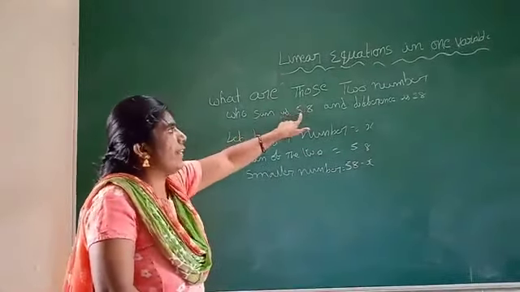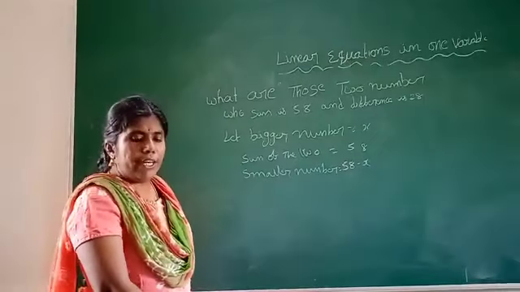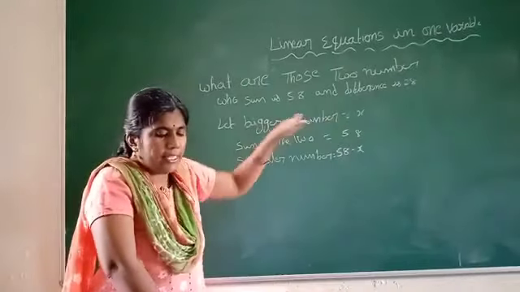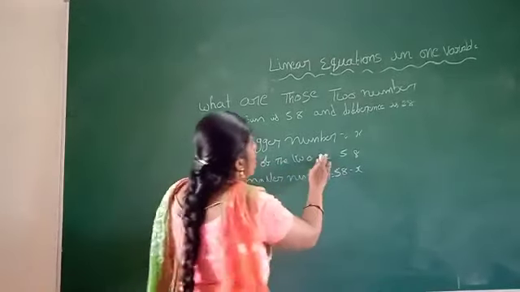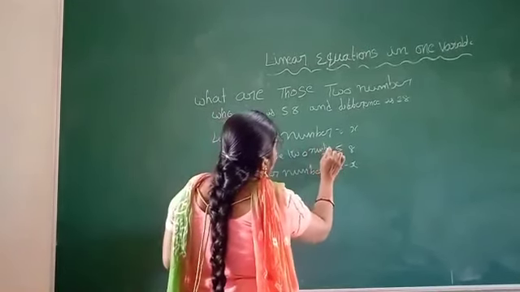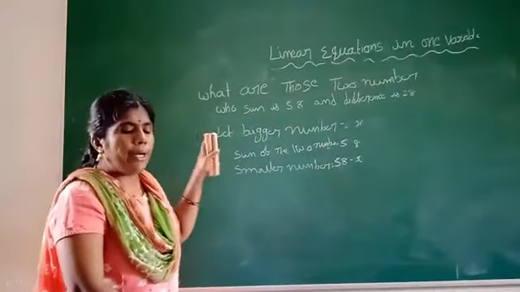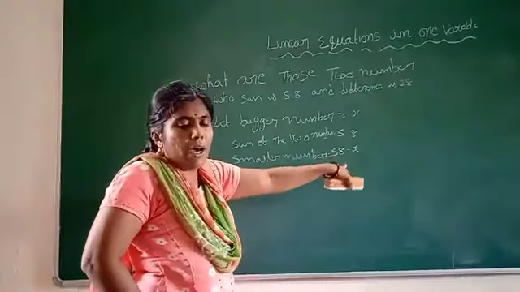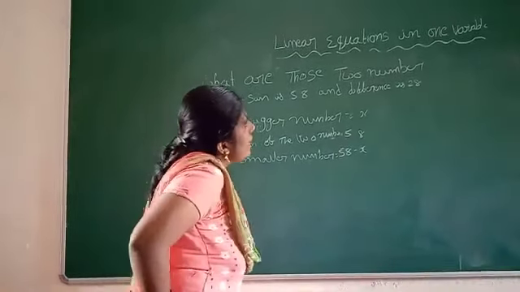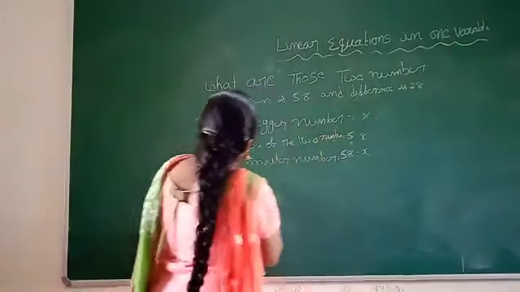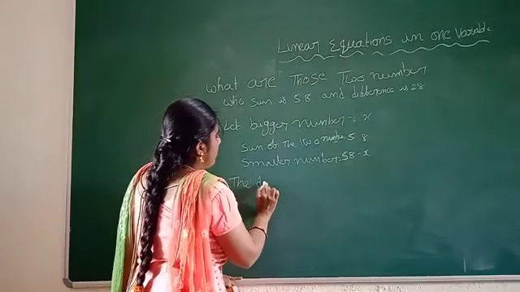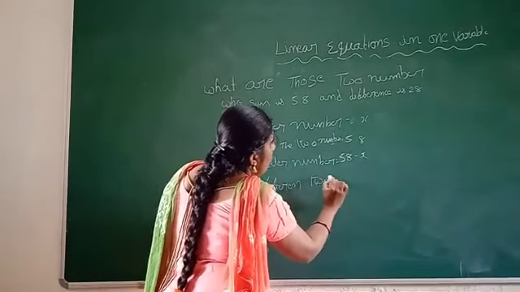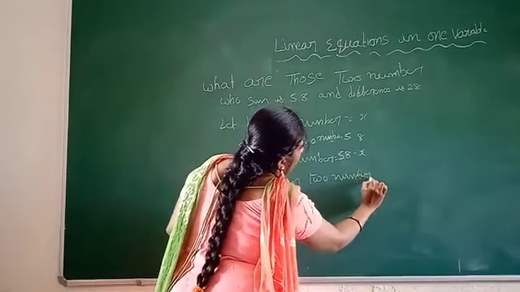Let the bigger number be denoted by x. The sum of the two numbers is given as 58, and the difference between the two numbers is 28.